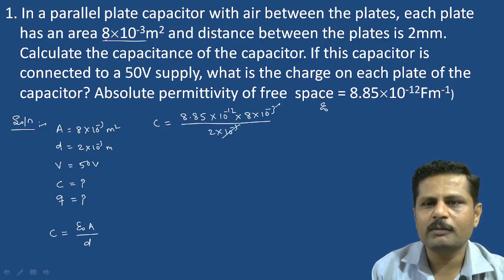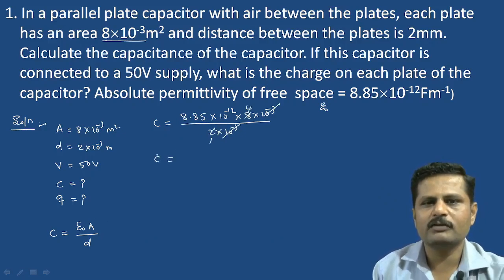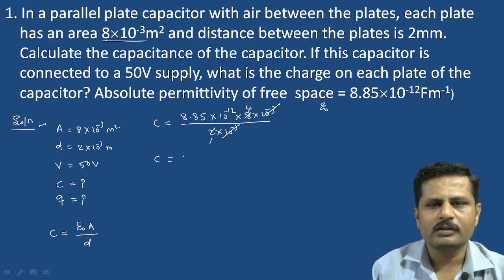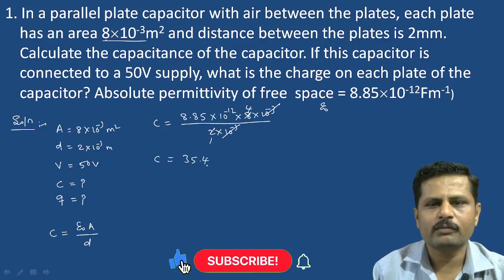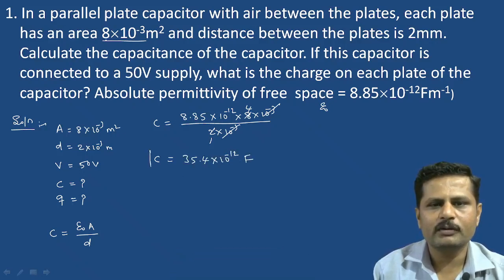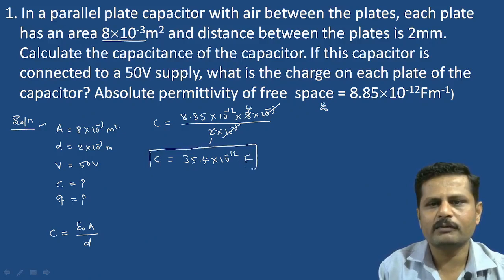The 10 to the power minus 3 cancels, and 2 fours are 8. So we get the capacitance of the parallel plate capacitor as 35.4 into 10 raised to minus 12 farad.